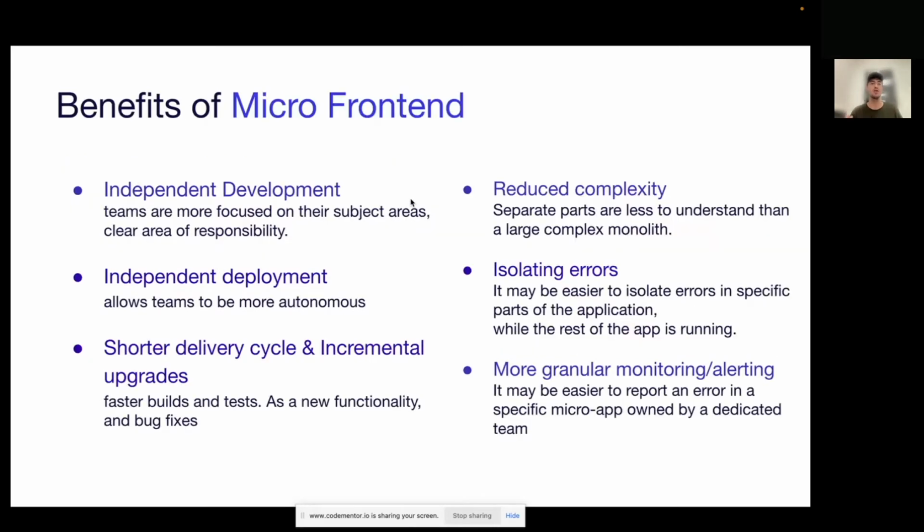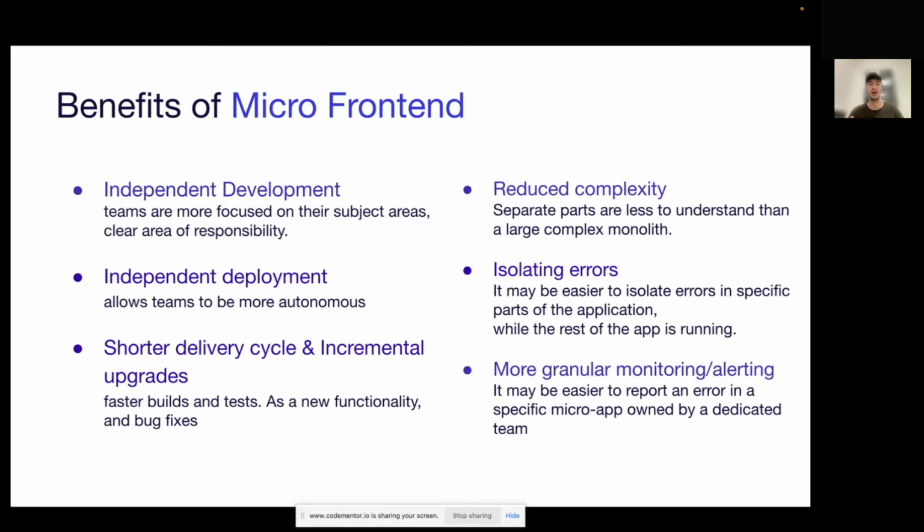With such an approach, you can have a lot of benefits in your organization, starting with independent development. Teams are more focused on their subject areas, with a clear area of responsibility. Independent deployment allows teams to be more autonomous, so they do not depend on the other teams and can deploy independently.